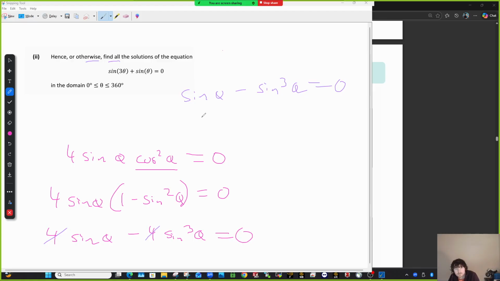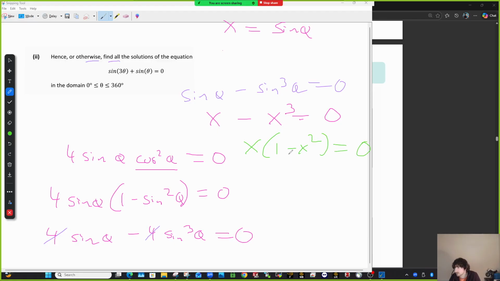So how would we do it? What you could do here is call x equals sine theta. And so now this looks like a healthier thing. It's like x minus x cubed equals 0. So people know how to factorize this a bit better. So then it's x times (1 minus x squared) equals 0.